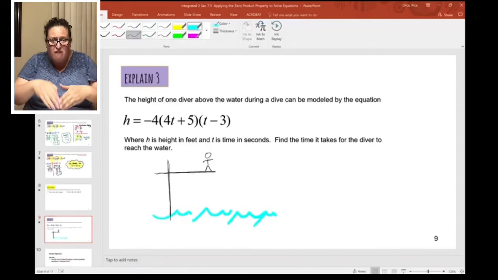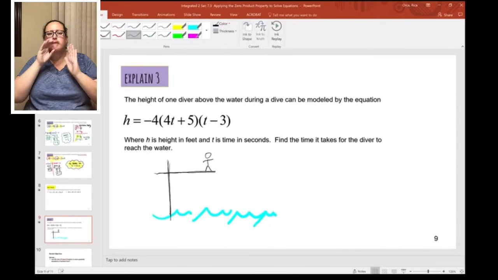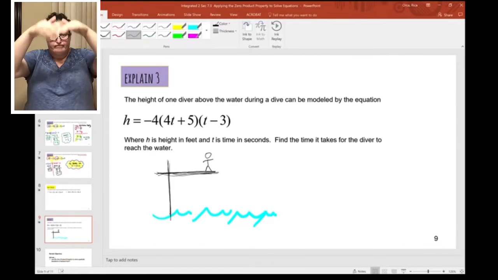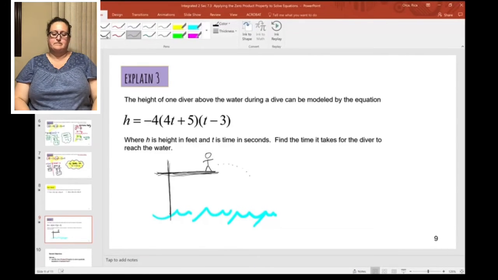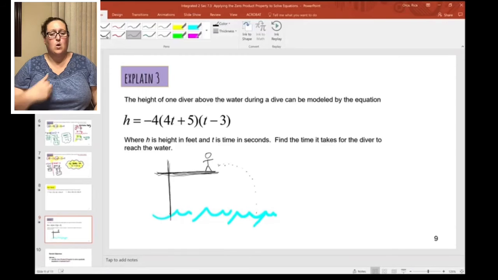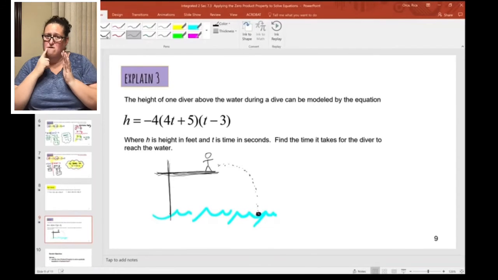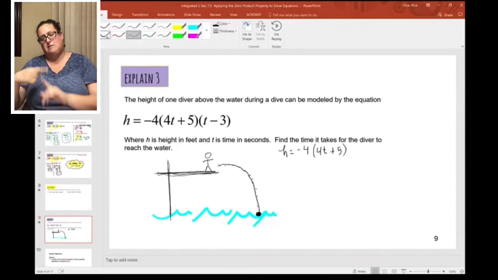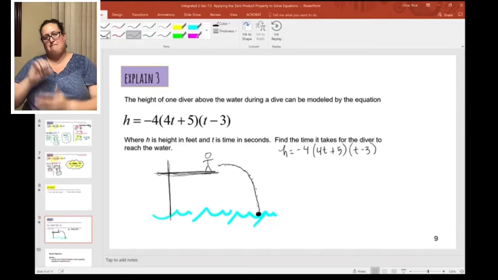So I went ahead and drew a picture of a swimmer who's on a diving board. And he's jumping off the diving board. And we want to figure out how long it'll take for him to reach the water. And to find that, we need to use the equation h equals -4 times (4t plus 5) times (t minus 3).